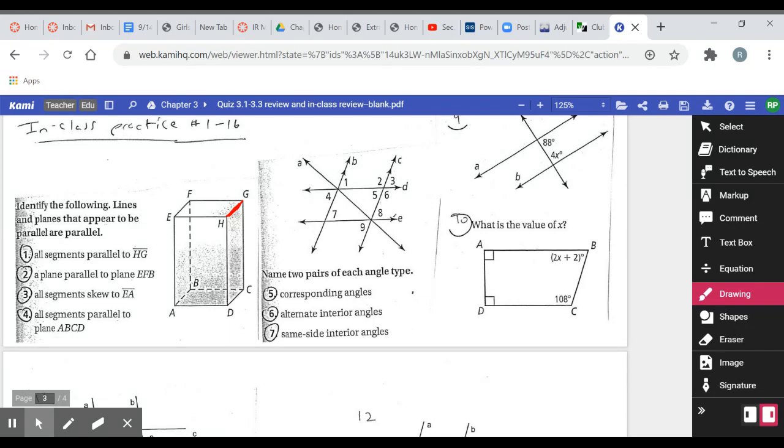Okay, so on number 1, all segments parallel to segment HG would be segment EF, and AB. You might not think AB is parallel to HG, but it is.